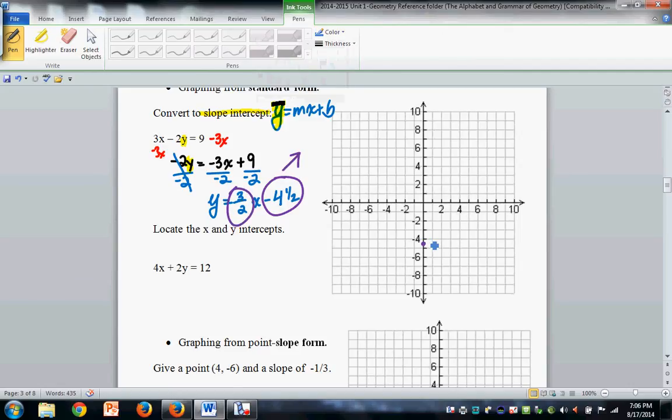So we're going to count up 3 and over 2. So up 3, so 4.5, 3.5, 2.5, 1.5. And now we go 2 this way. 1, 2, right there. And there's your line.